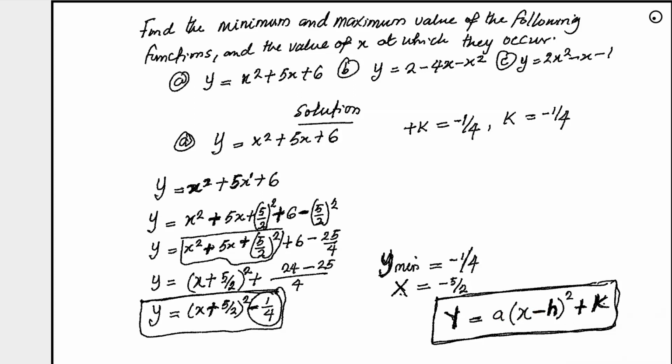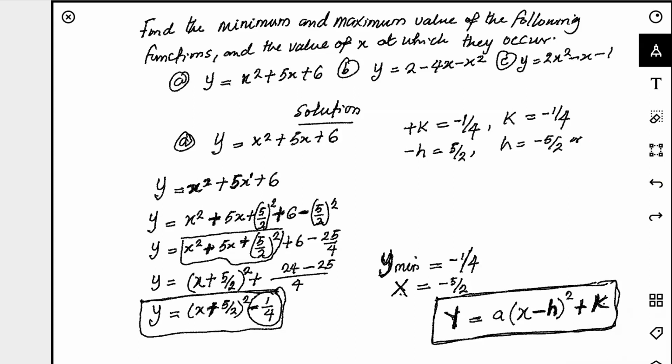Then minus h, okay, minus h is equal to what here? Plus 5 over 2. So 5 over 2. That means h is equal to minus 5 over 2, or minus 2.5. So that is why x is minus 5 over 2.